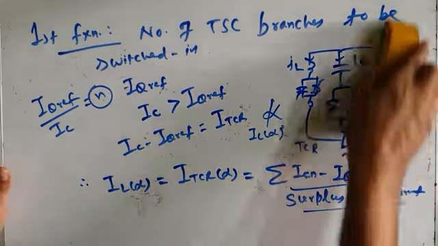Now the second function is again a very important function. In the first step of the algorithm, your controller knows that n number of TSC branches have to be turned on. In the second step, it will issue the firing pulses to n number of TSC branches and turn them on. But I have already discussed with you that whenever a TSC branch is to be turned on, it has to be switched in a transient free manner.